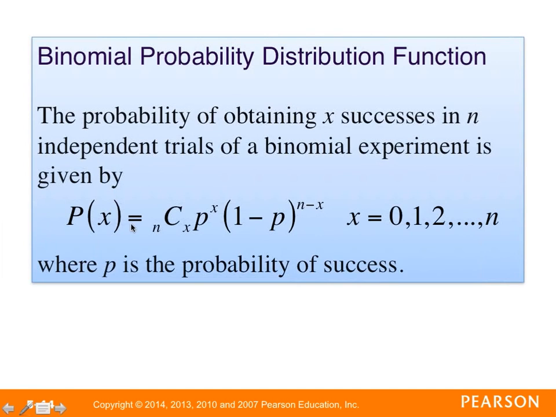Probability of X is equal to, and we learned this notation last time, this is combination notation, nCx times the probability of success raised to the X power, times 1 minus the probability, which is the probability of failure, to the n minus x power. So x is the number of successes, so we raise the probability to that power, and then we raise the failure probability to the failure power.